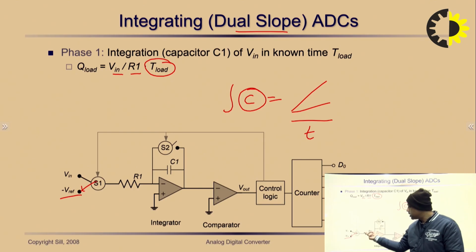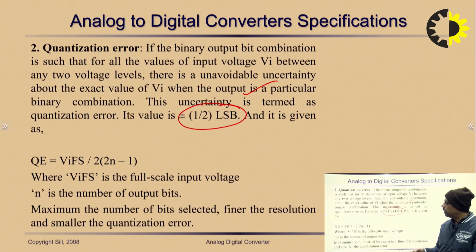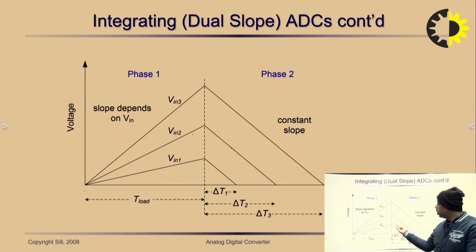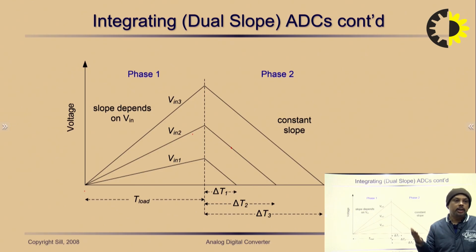So in this case, the same process is followed. The thing is that in this case, the slope became constant, so the time became variable. So the amount of the counter run depends on these values of time. If the voltage is low, the time taken to reach the zero value again is very small, and the counter runs for a small time and produces a smaller digital output.